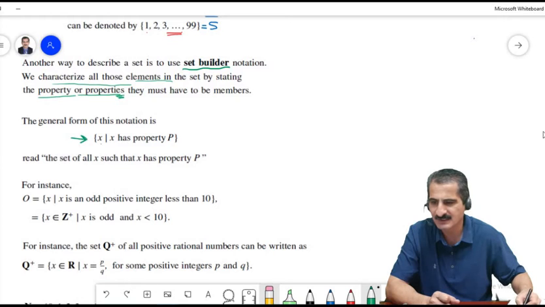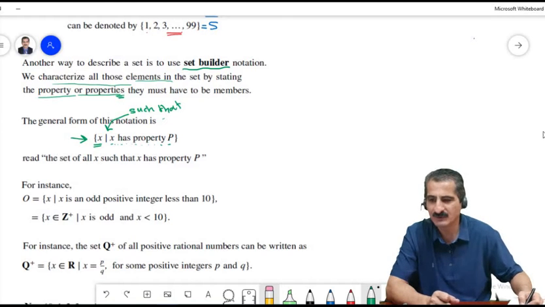A set is {x | ...}, and this bar here means "such that". So we will have x, which x? The x such that x has the property P. So this is one way to write the notation.